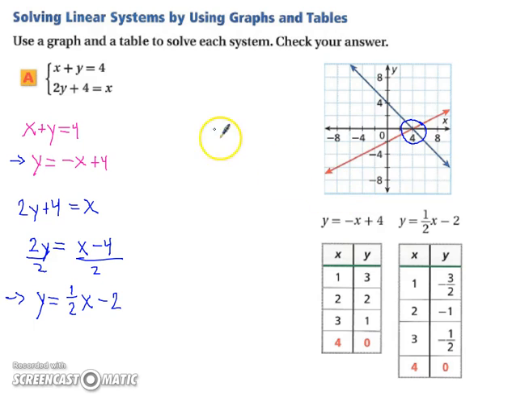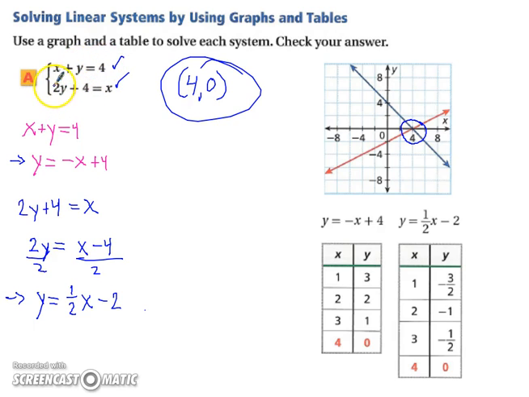So therefore your solution should be 4, 0, the xy coordinate. So now we can check. So we have 4 plus 0 is 4, and then we have 2 times 0 is 0 plus 4, so 4 equals 4. So there's your solution.